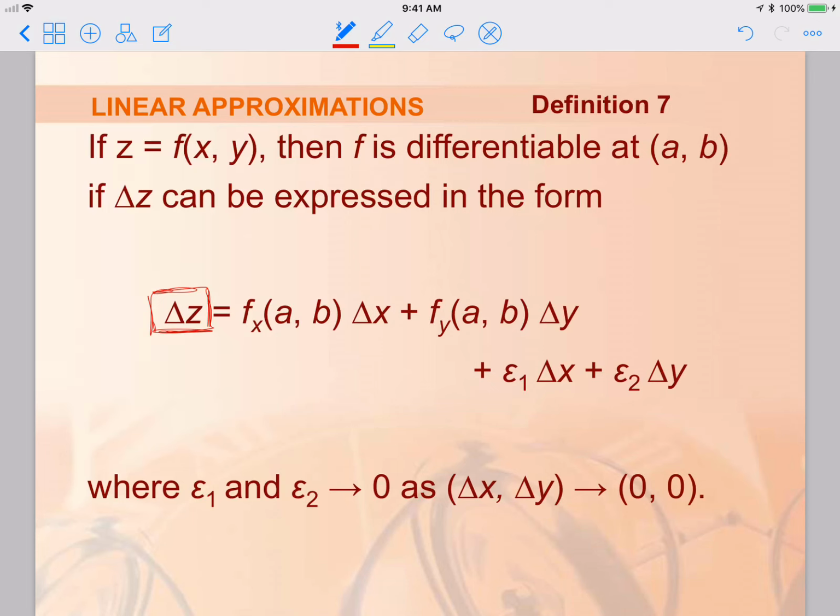And if this increment is of the form the partial of f with respect to x times the increment in x plus the partial with respect to y times the increment in y plus epsilon 1 times the increment of x plus epsilon 2 times the increment of y, and we need both of these to go to 0 as those increments go to 0, then we can say that our function is differentiable at the point a comma b.